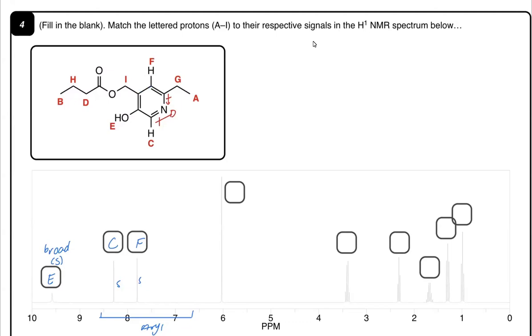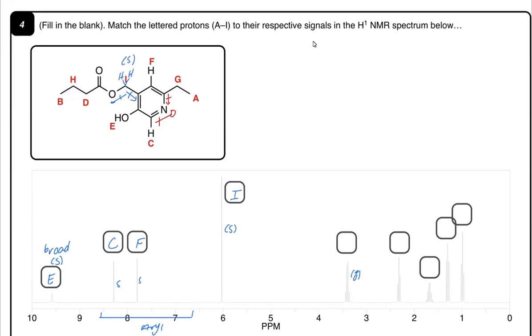Okay? The next most downfield signal is a singlet. I'm going to say that's I, because that's a proton on a carbon bonded to oxygen, receiving an inductive effect there, and an inductive effect from the benzene ring. And it's a singlet. Looking at the next most downfield signal, it's a quartet.